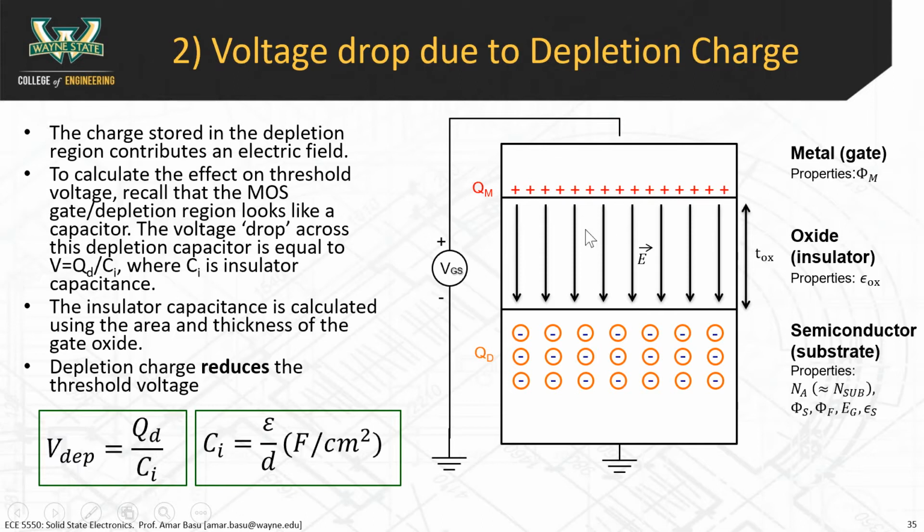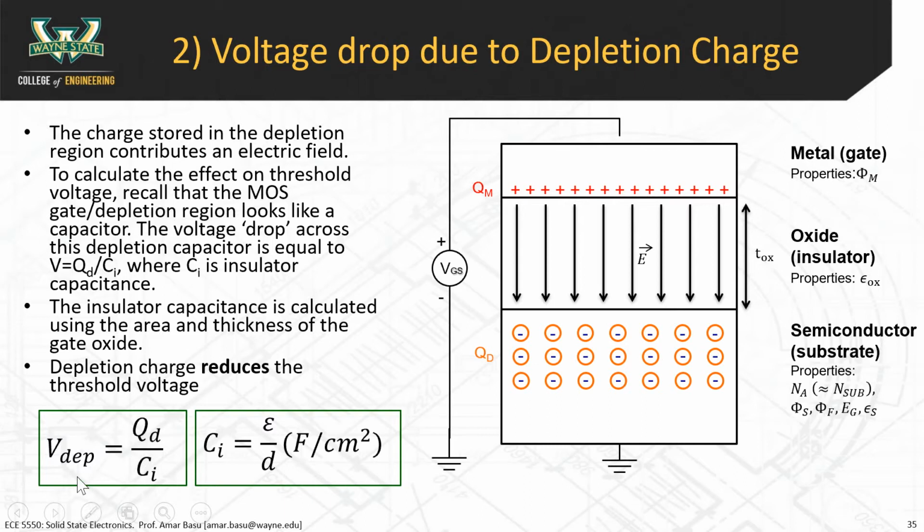There's another voltage drop occurring across the capacitor. And the voltage drop across a capacitor is given by Q equals CV, one of the first equations that you learn about in a capacitor. So this is just a rearranged form: V is equal to Q over C.